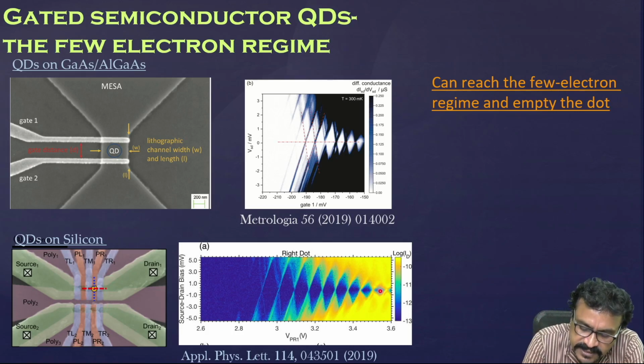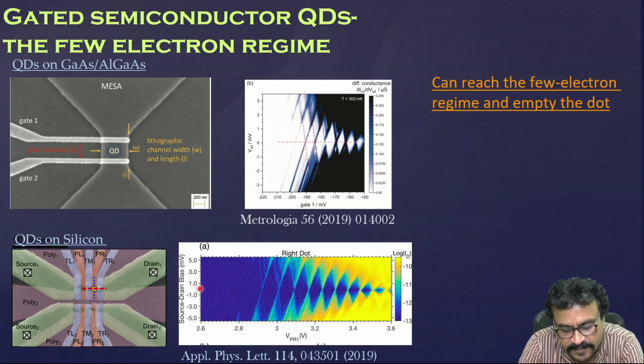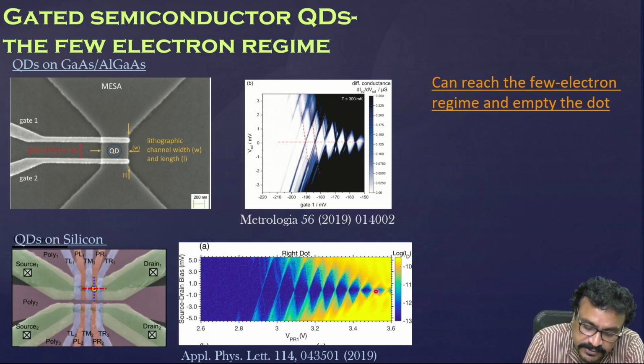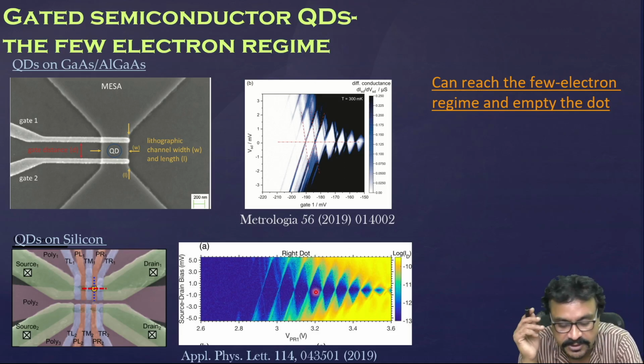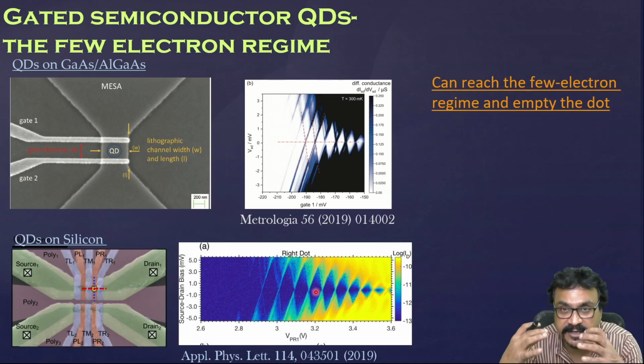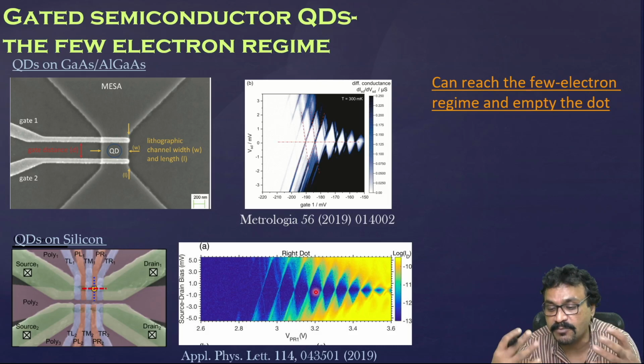Here also you can see that the diamond size as you march down reduces, eventually no diamonds are visible in this region. So, what happens is when you go down, the transparency of the system, because you are measuring the transport, you are reducing the voltage, or you are making the gate voltages more and more negative.